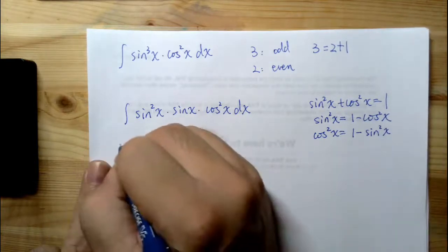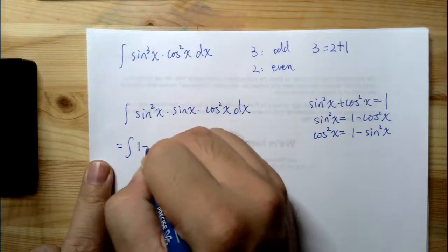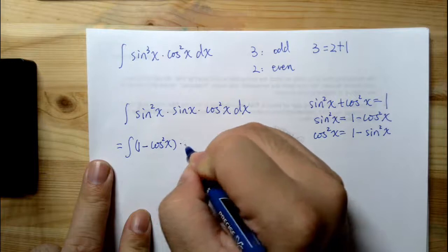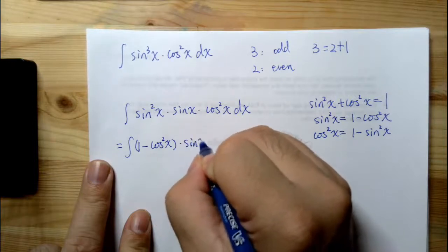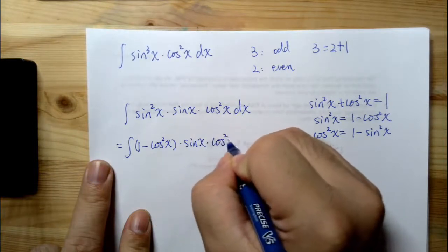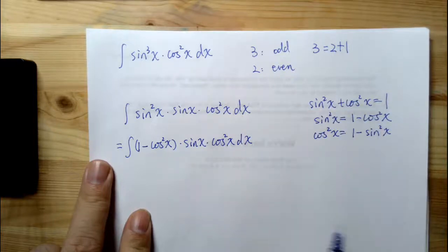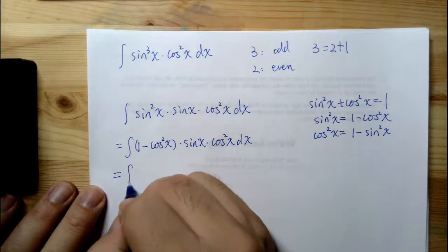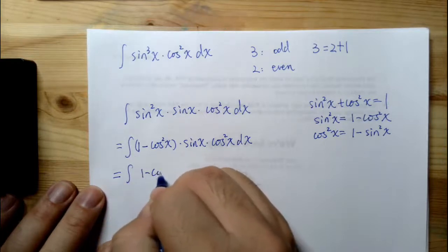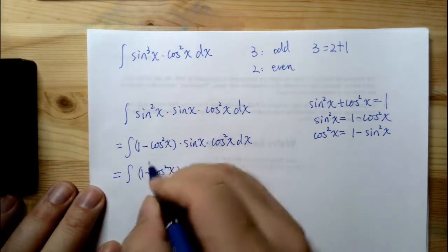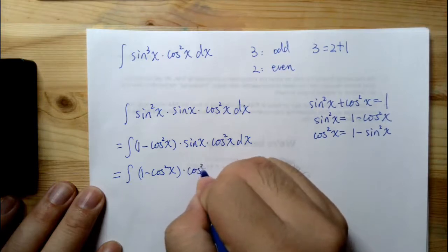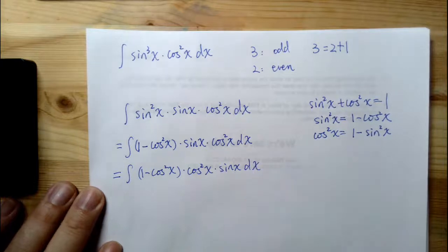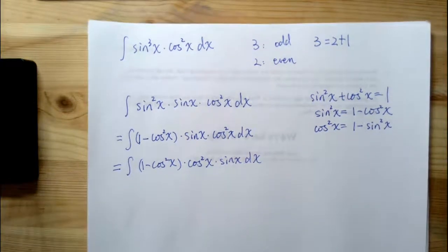So that is 1 minus cosine squared x times sine x times cosine squared x dx. And then I reorganize the order of this integral.